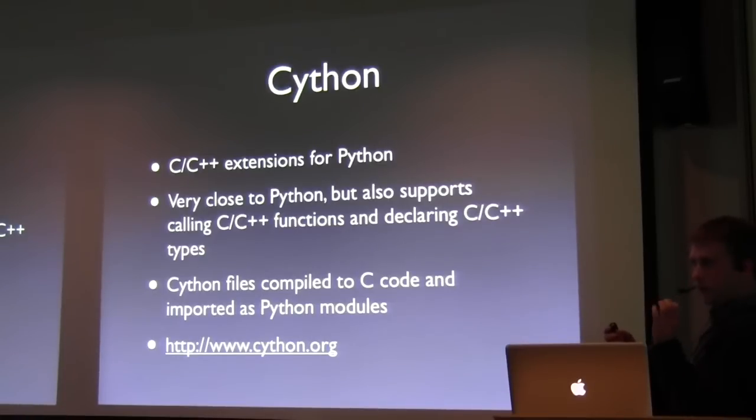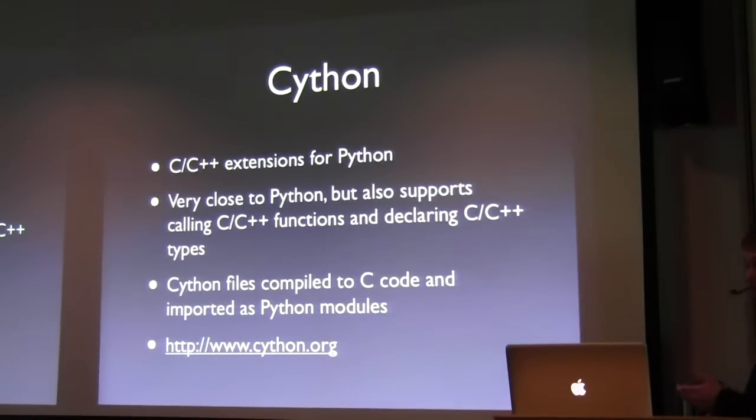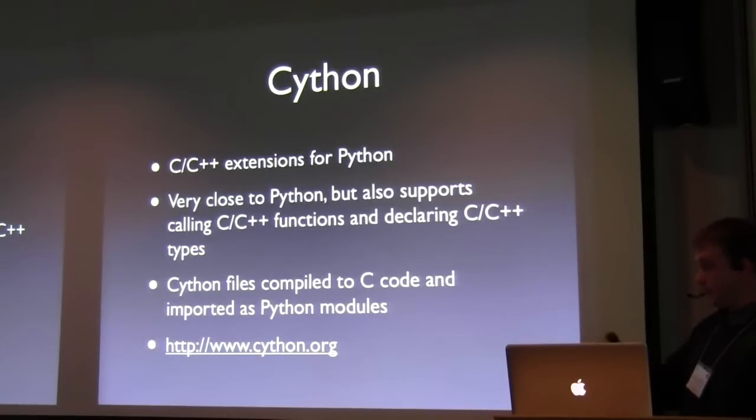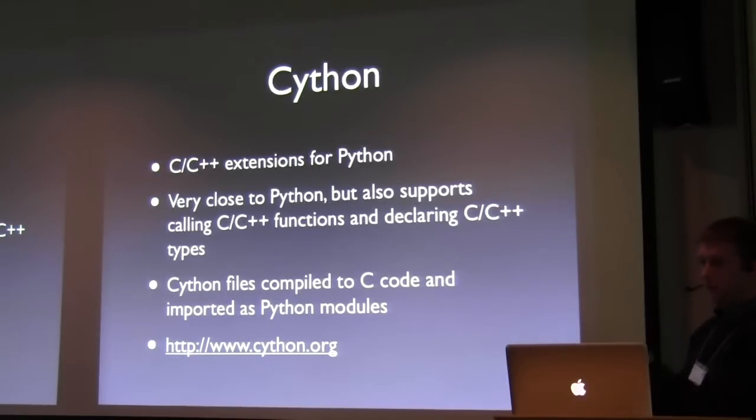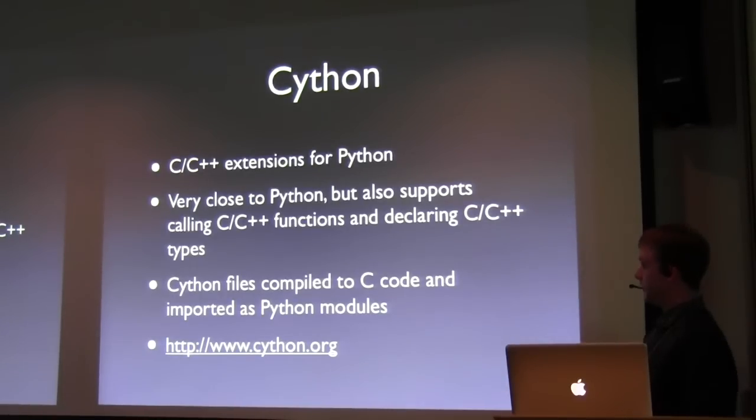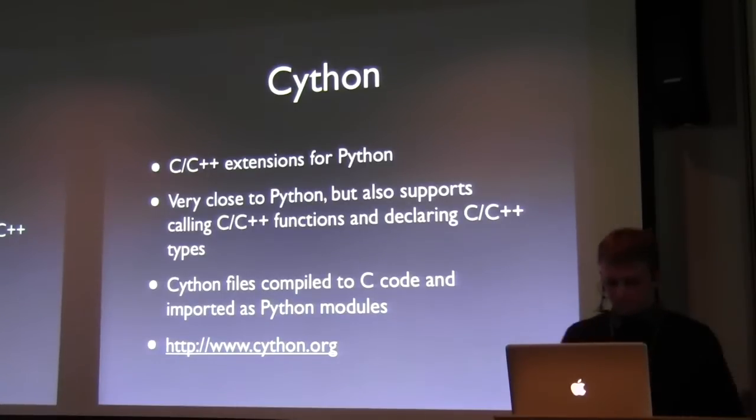Then you create some shared object files, and these shared object files are imported as Python modules when you run a Python script. And there's the Cython website to get some more information. A lot of the heavy-duty stuff in YT is written in Cython, or there are C routines that are written and compiled, and then they're called by Cython, and then the Cython modules are called by Python.